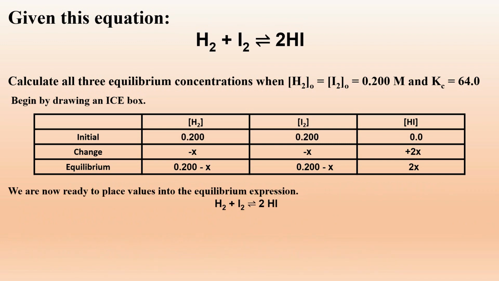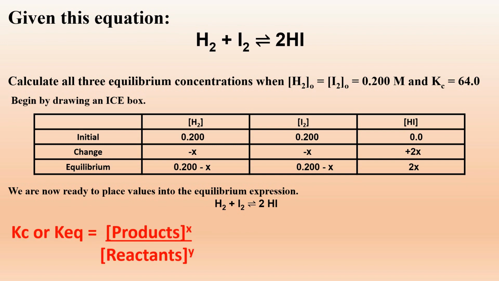Now we're ready to place the values into the equilibrium expression, where Kc or Keq is equal to the concentration of the products raised to the x power divided by the concentration of the reactants raised to the y power, where x and y represent the coefficients in the balanced chemical equation.